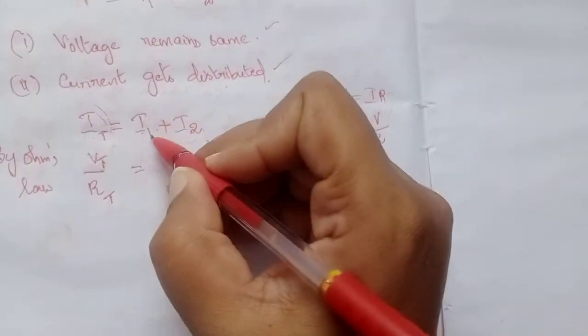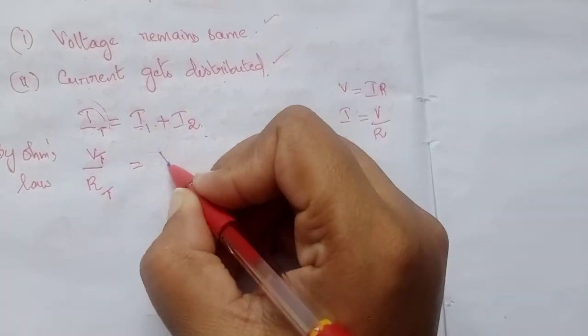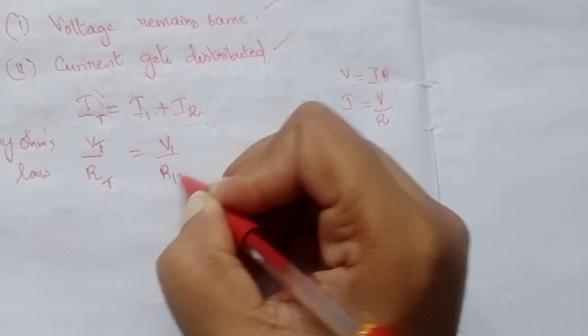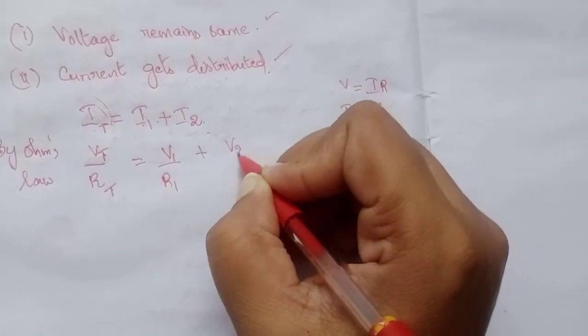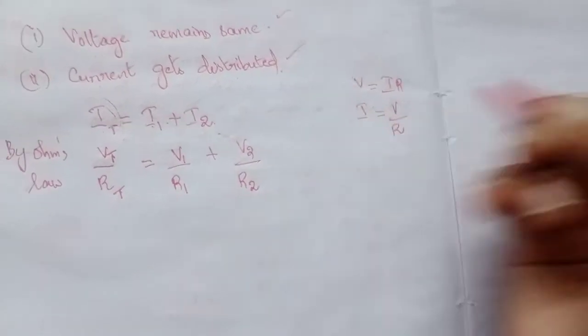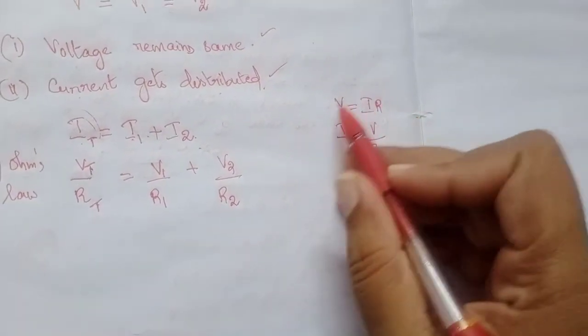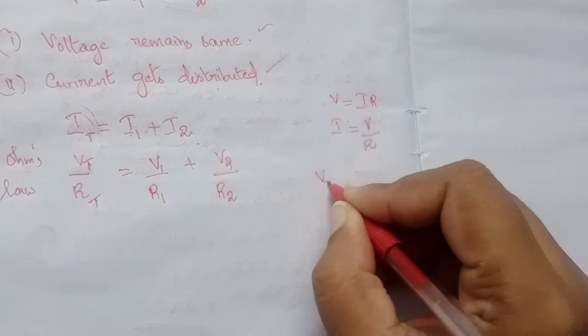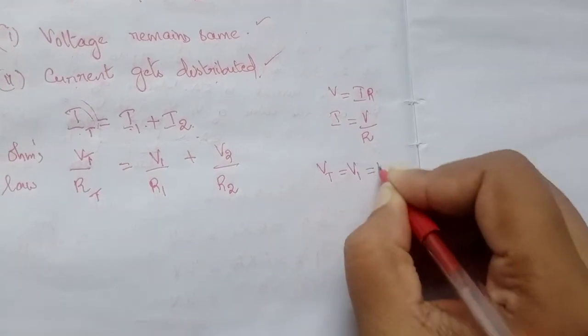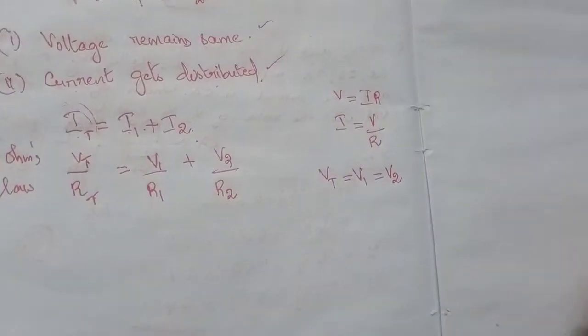Equal to I1. So instead of I1 I am going to write V1 by R1, and instead of I2 I am going to write V2 by R2, by using this Ohm's law equation. We already know that the total voltage and V1 and V2 are all the same.